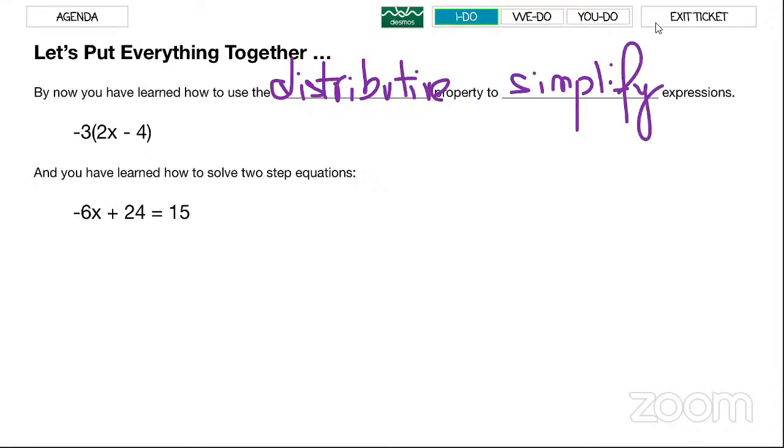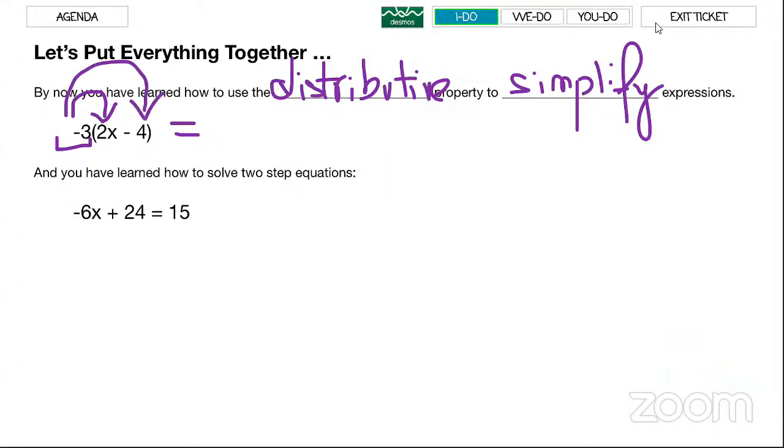So for example, this is an expression, but you need to apply the distributive property. The distributive property is: if you see any number in front of the parentheses, for example, here there is a -3, that means you need to distribute that number by multiplying it with every single term inside the parentheses.